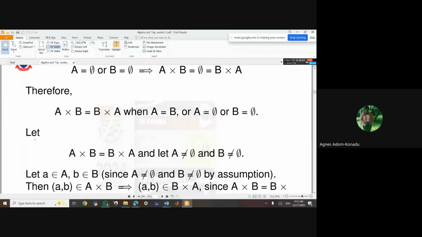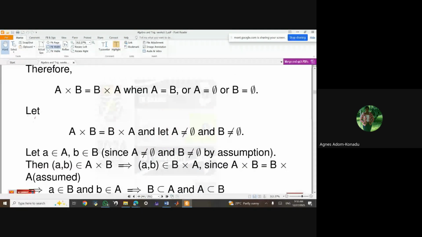So the next one, we want to look at when both of them are not empty. So let A cross B be equal to B cross A, and let A not be a null set and B not be a null set. Then it means that we have an element in A. So let the element in A be small a, and the element in B be small b.